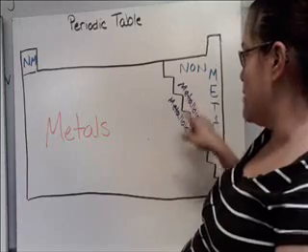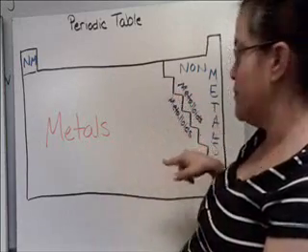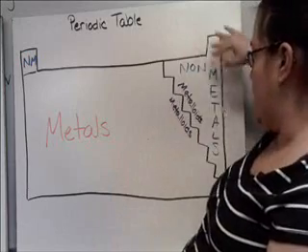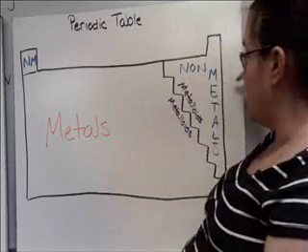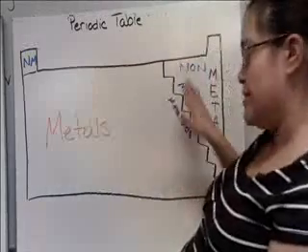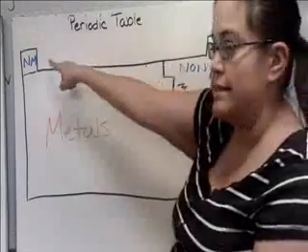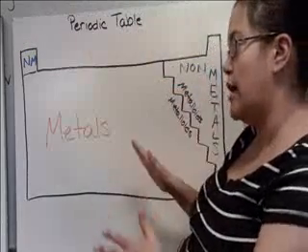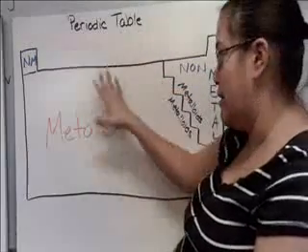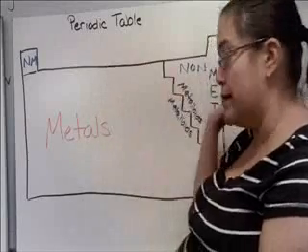Okay, so on either side, directly up against the zigzag line, those are metalloids. And then all these on the right that don't touch the line, those are nonmetals. So metals are in the middle and the left, metalloids are on the zigzag line, nonmetals are on the right, plus hydrogen. So you can look at an element, decide where it is on the periodic table, and have a decent idea of what group it's going to go into.